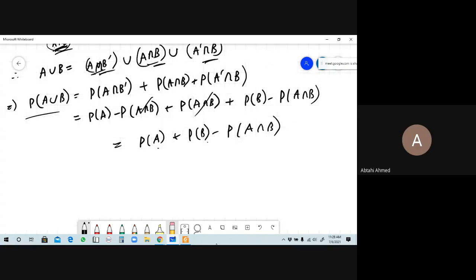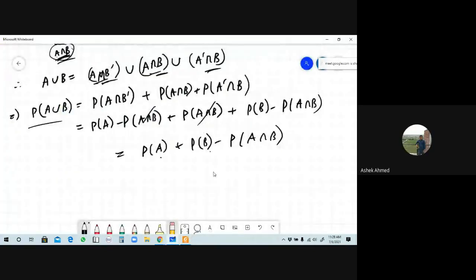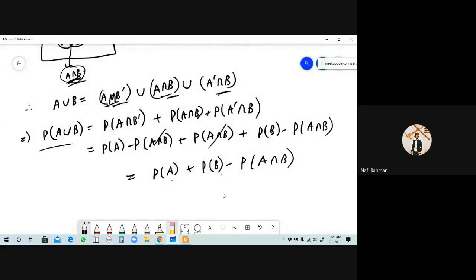Sir, please explain once more how the probability of A minus the probability of A intersection B came.